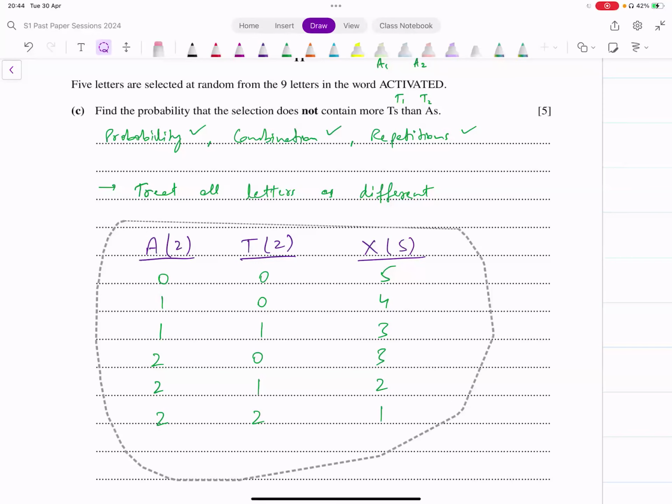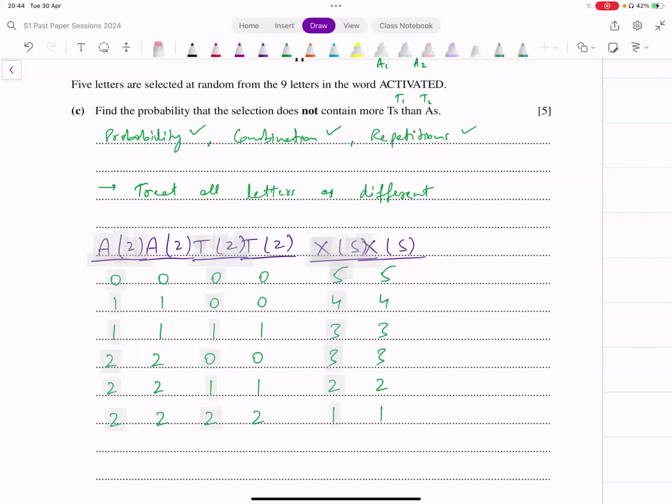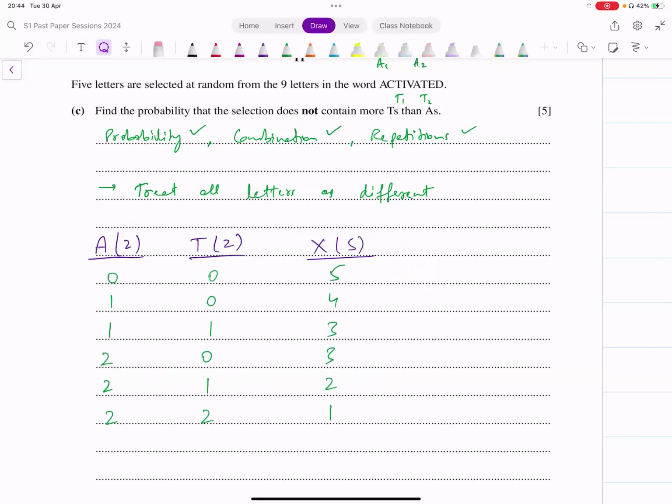Now find the combinations for each of these cases. What do you get? 2C0. So out of 2 A's, you want 0 in the first case. And out of 2 T's, you want 0 T's in the first case. And out of 5 X's, you want 5. Out of the 5 remaining letters, you want 5. That's the first case. Then the second case is 2C1 into 2C0 into 5C4.